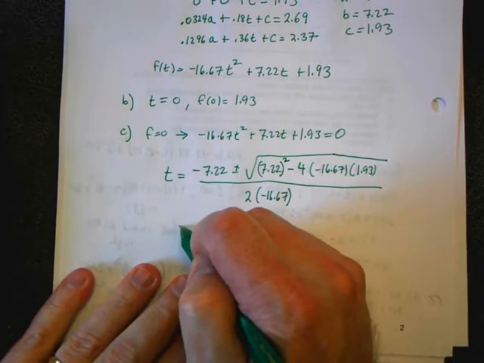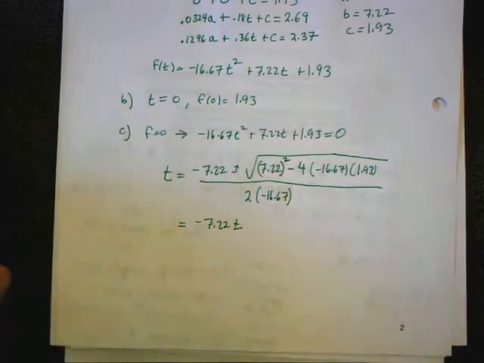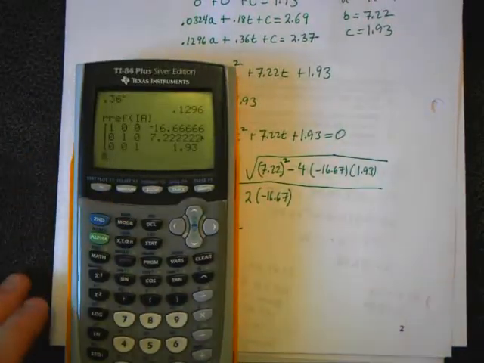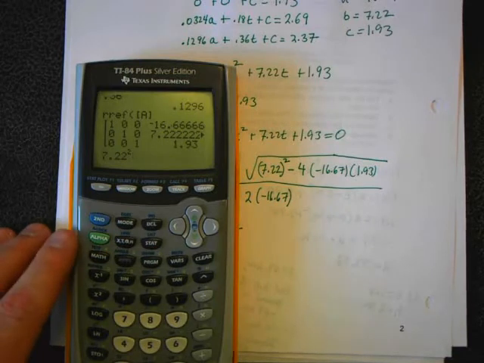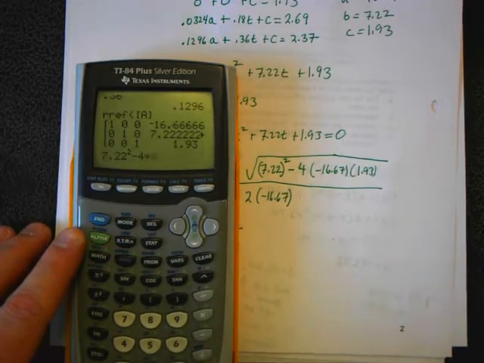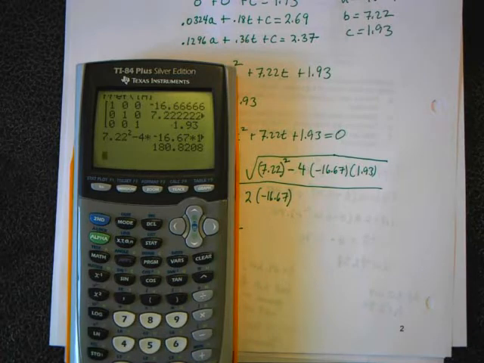Okay, a lot of calculator work here. Negative 7.22 plus or minus 7.22 squared minus 4 times negative 16.67 times 1.93. That's 180.8208.